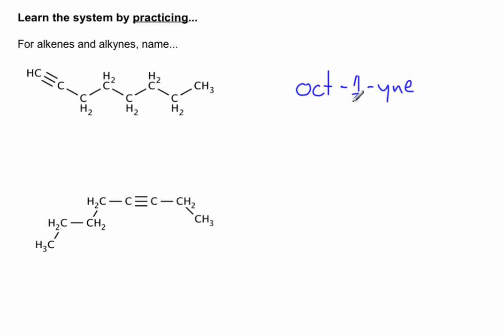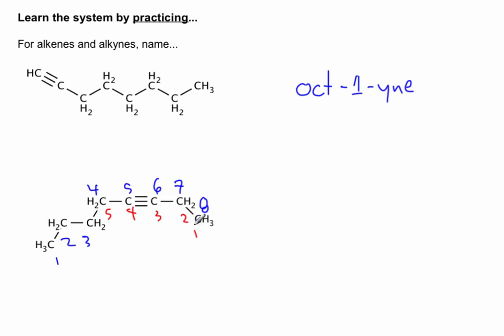I have to indicate position because an isomer could be the triple bond on carbon 2, carbon 3, or carbon 4. Here's another one. And again, indicate position of the bond. Well, 1, 2, 3, 4, 5, 6, 7, 8. Or 1, 2, 3, 4, 5.